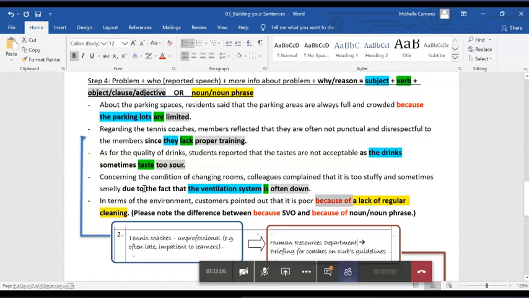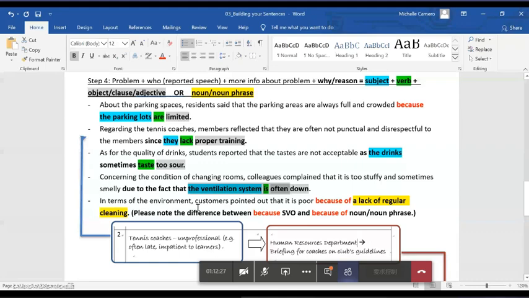So if you're going to use just the two little words due to, then you're going to need a noun or noun phrase after due to. But if you say due to the fact that, because it's got the word that, then you will have to have SVO. Okay, so be careful of those.